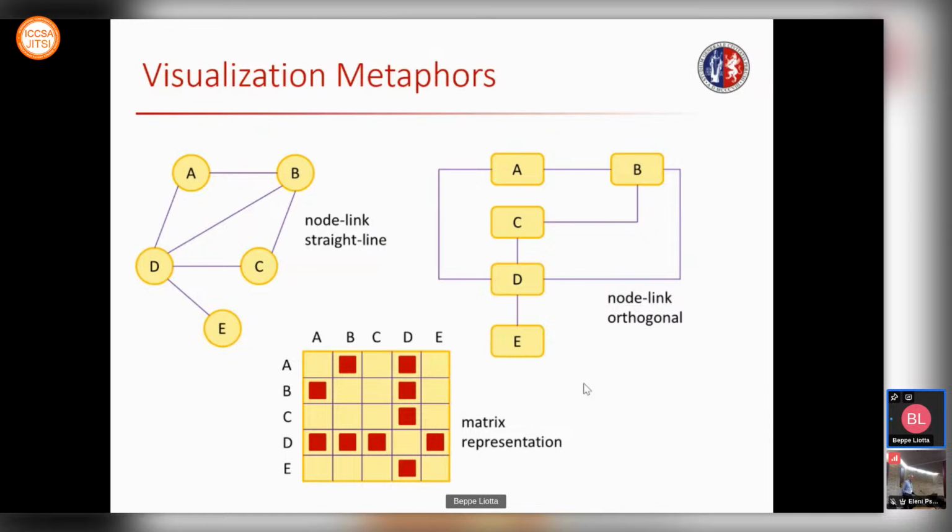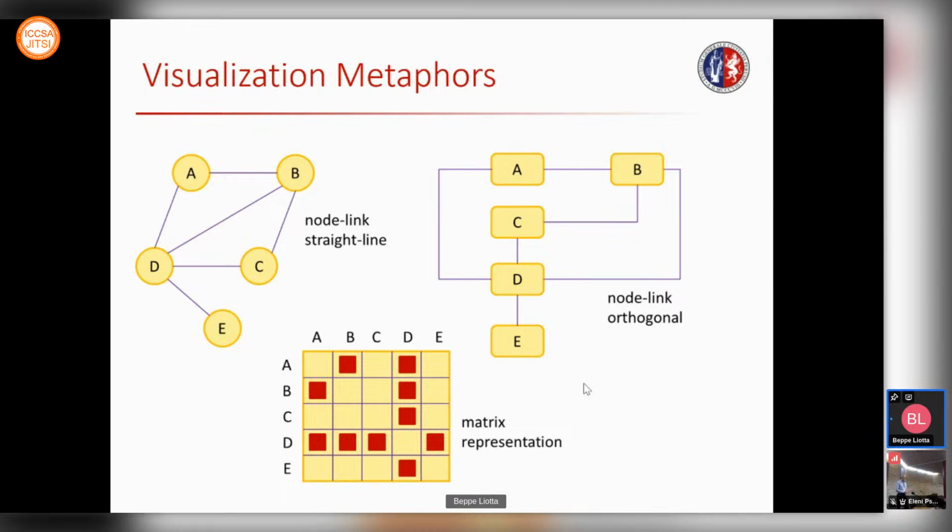You can have a straight line, which you already saw, or we can have a node-link orthogonal, that is particularly common in software engineering or information systems design, where the edges are polylines of horizontal and vertical segments, and whenever two such segments meet, you have what's called technically a bend along the edge.